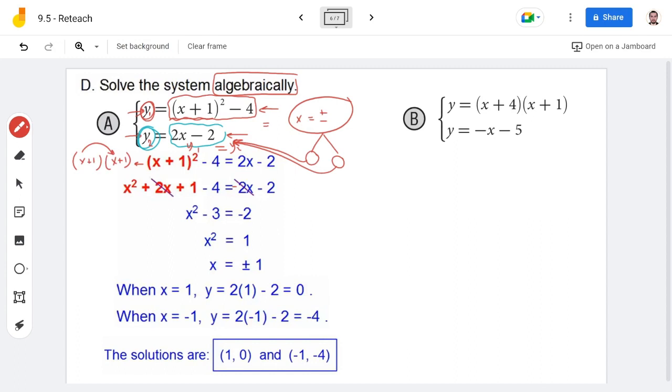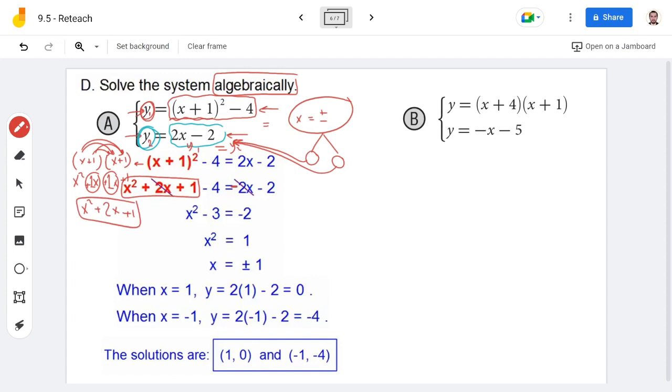So x times x is x squared, plus x times 1 is x, plus 1 times x is x, and the last one, 1 times 1, is 1. Adding like terms, x squared plus 2x plus 1, which is what you can see in red here.